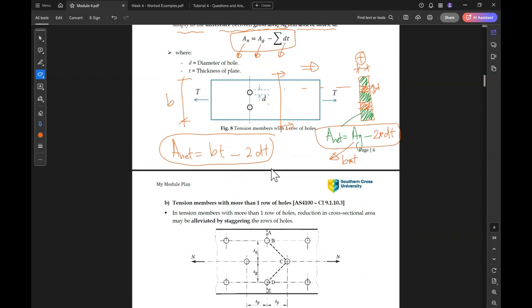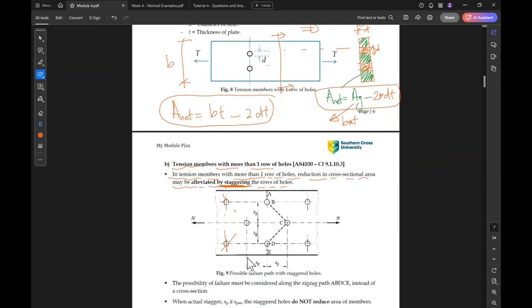Another case. This case has the holes on the same row, but in some cases the tension member has more than one row of holes, and sometimes we have staggered rows, so they are not on the same line. In a tension member with more than one row of holes, the reduction in cross-section area may be alleviated by staggering the rows of holes.